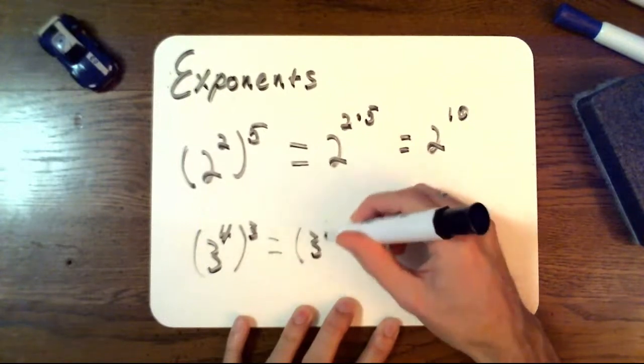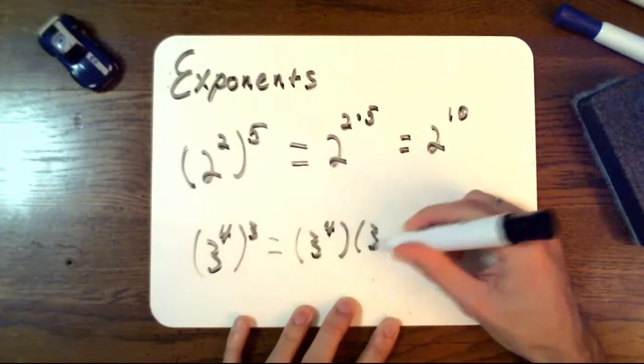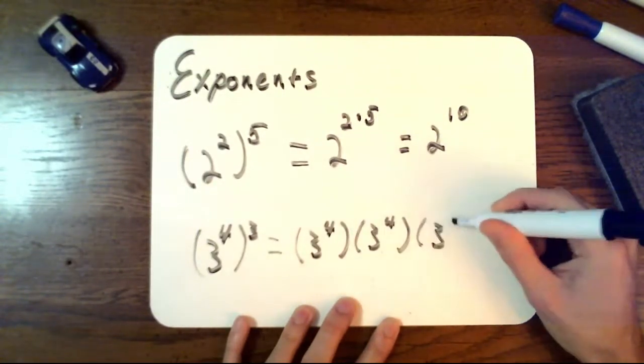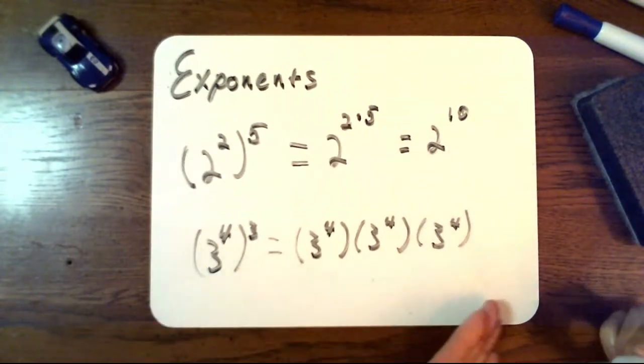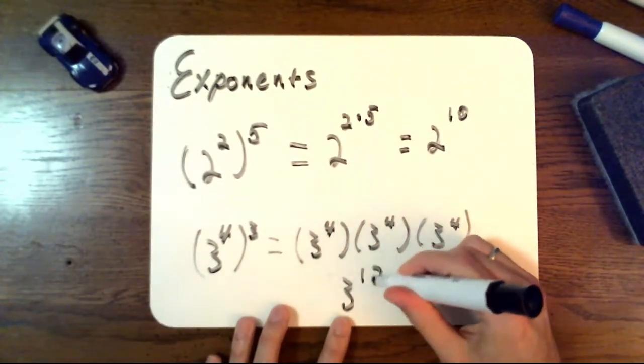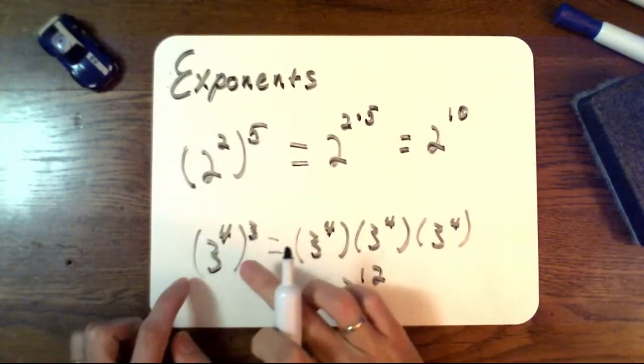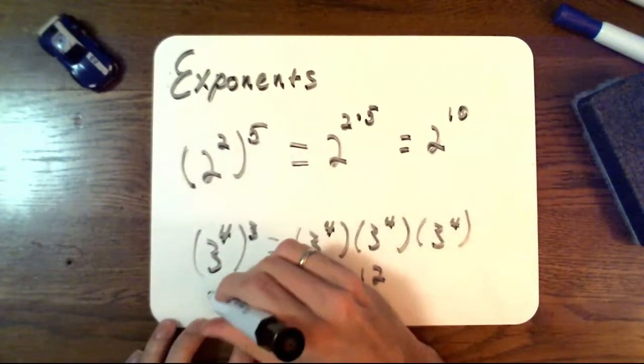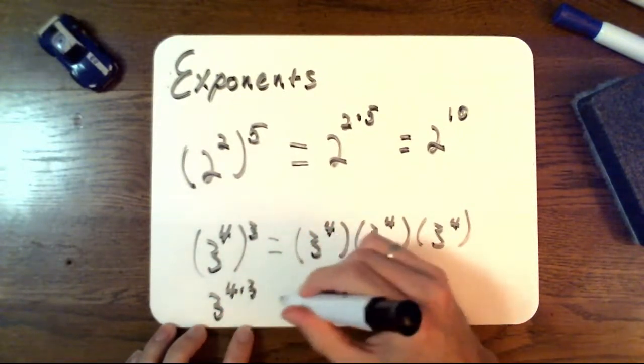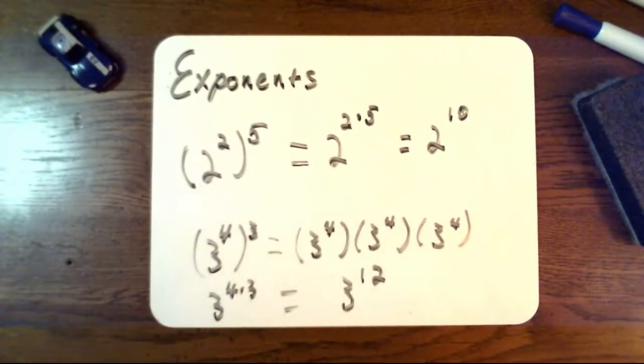So that would be 3 to the 4th, 3 to the 4th, 3 to the 4th. How many 3's do we have? We have 12 of them. So you can also think of it as 3 to the 4 times 3, and that's also 3 to the 12th.